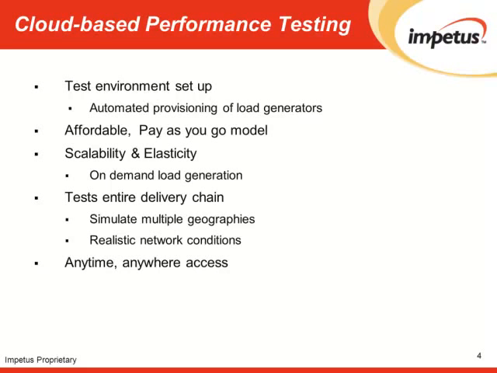While purchasing and configuring these systems requires a significant investment in time and money, with the cloud, you can rapidly set up as many load-generating machines as you need on demand using automated provisioning of required hardware. Automated provisioning really ensures that the load generators are consistent and optimized to generate the desired load.